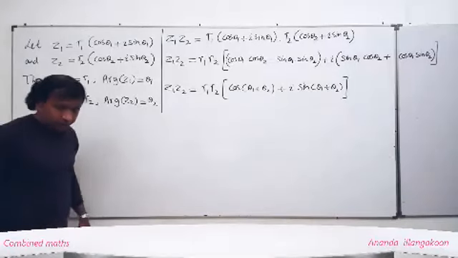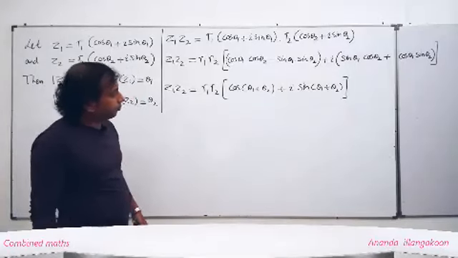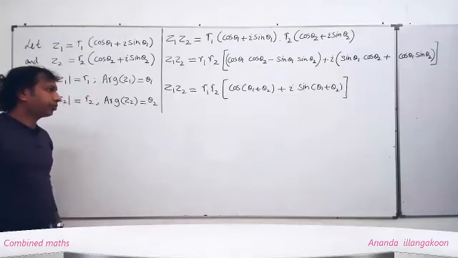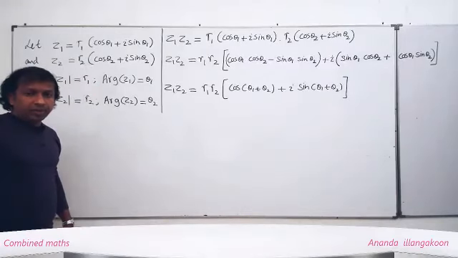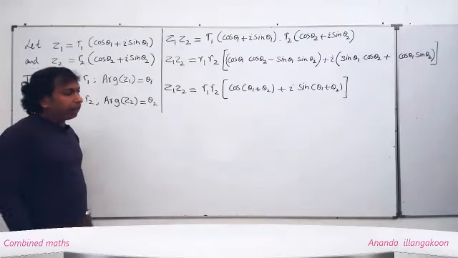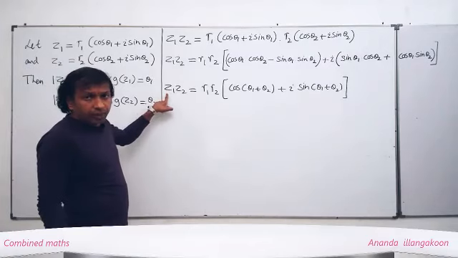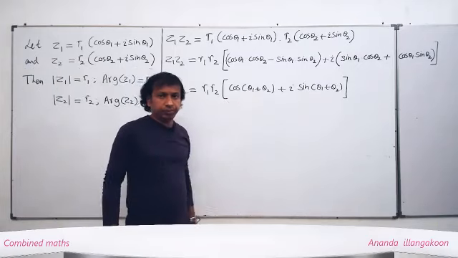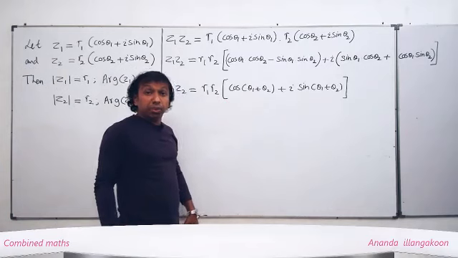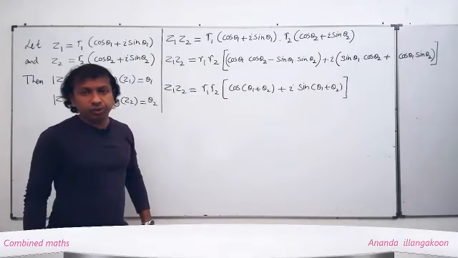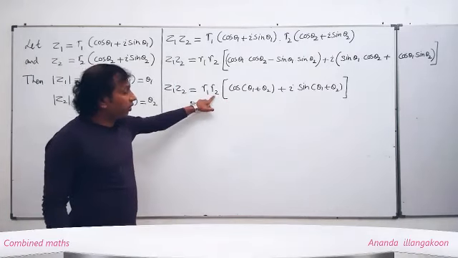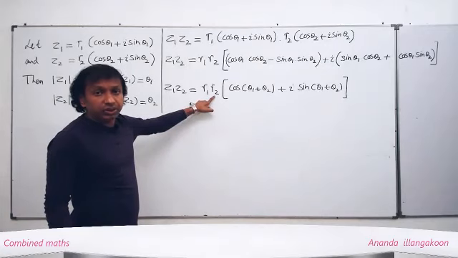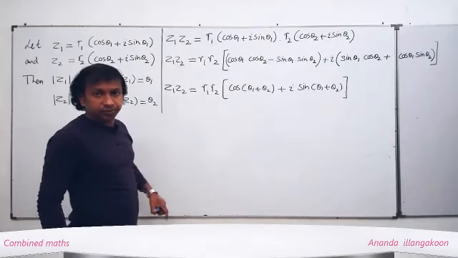People, by the right hand side, can you tell me what is the argument of this Z1 Z2 product? Is it theta 1 plus theta 2? What is the modulus of the Z1 Z2 product? R1 R2, the product of the moduli of the complex numbers.